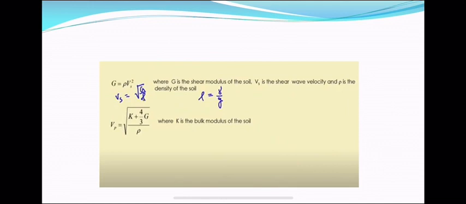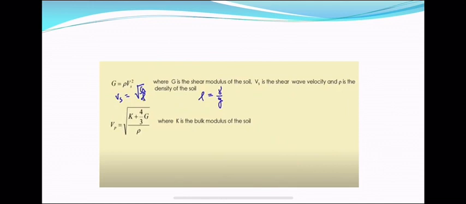But one last thing I want to mention before I finish today's lecture. If I take Vs equal to square root of G by Rho, I mentioned that as the density increases, velocity also increases. But from this expression, if I say G is constant, that is the shear modulus is constant, then as density increases, velocity will decrease.